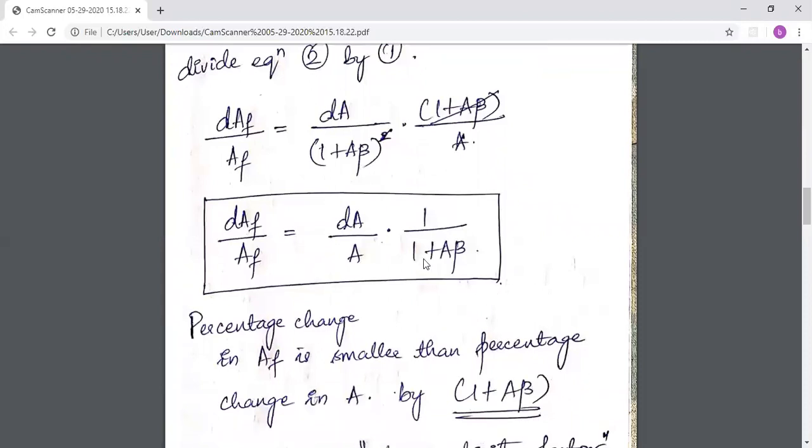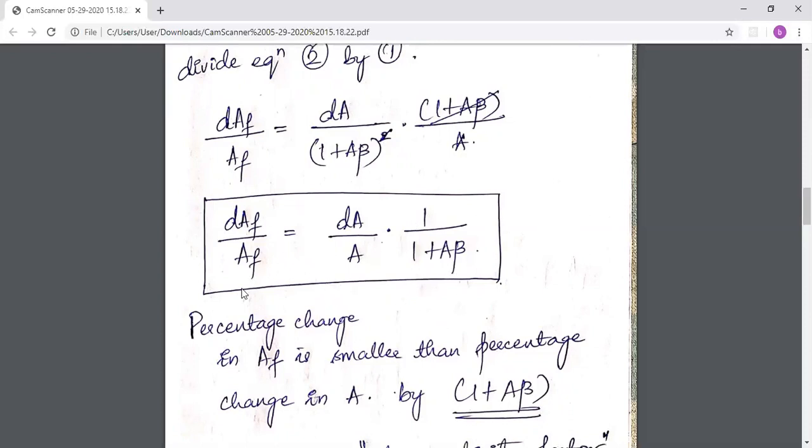So we understood from this equation that the percentage change in the gain of the amplifier with feedback is very small when compared to the percentage change in the gain without feedback, by 1 plus A beta times.